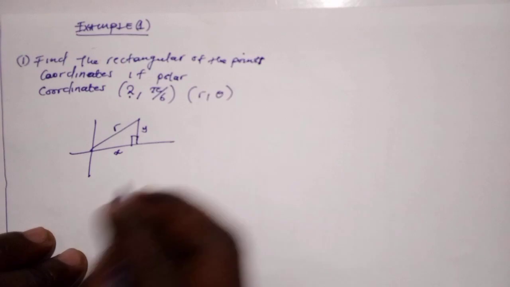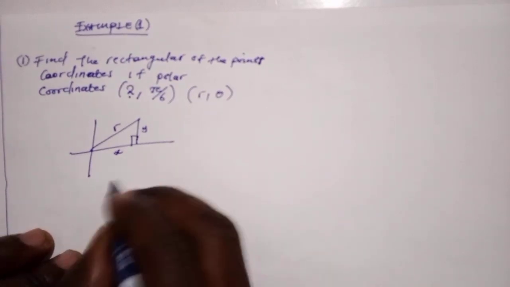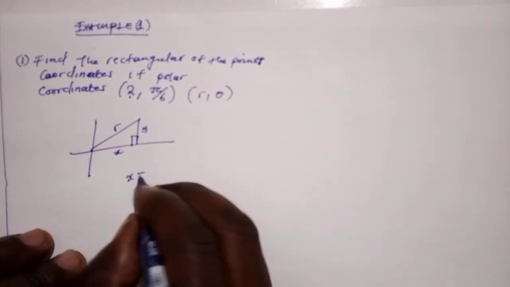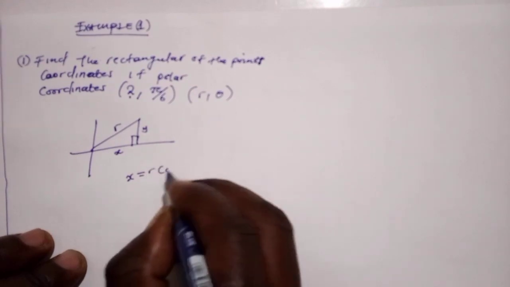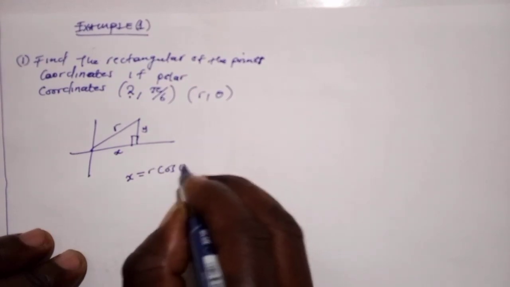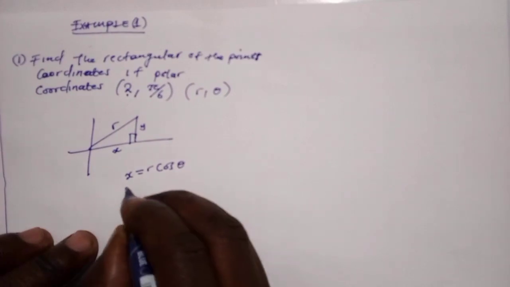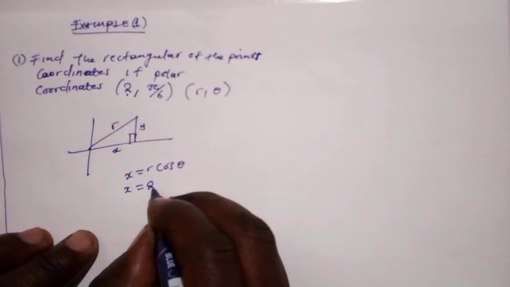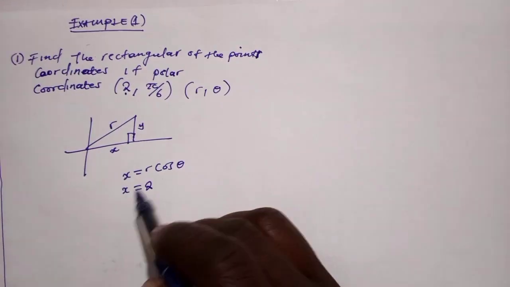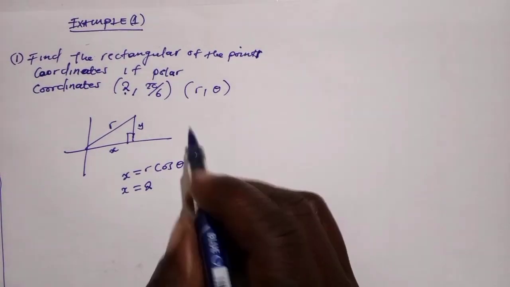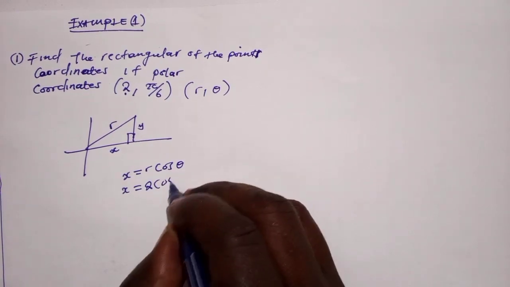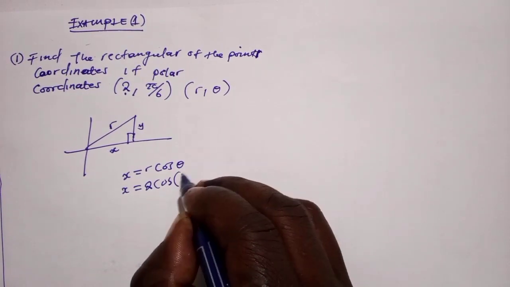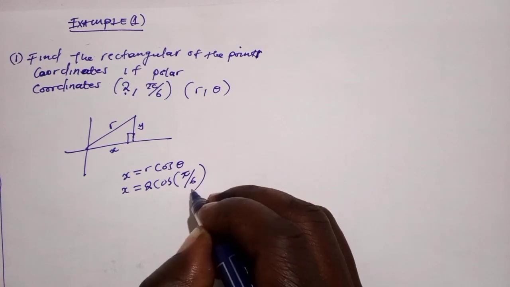For the x component, we all know that x equals r cos theta. For r we are given that it is 2, and theta is pi over 6.